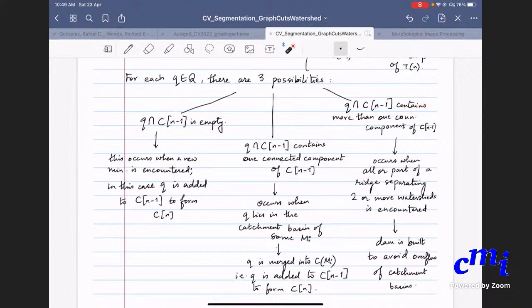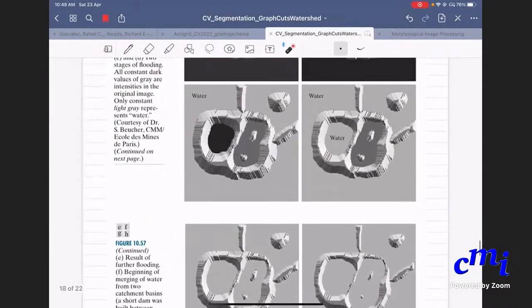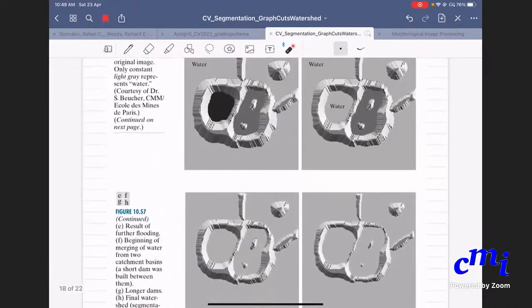And finally, Q intersection Cn minus 1 contains more than one connected component of Cn minus 1, which means now you have found a region. So when this flooding reaches a level like this, when the water level has risen to a height so that these two regions are merging, there is this region and there is this region, but now Q will be this whole thing, because it won't see this ridge.